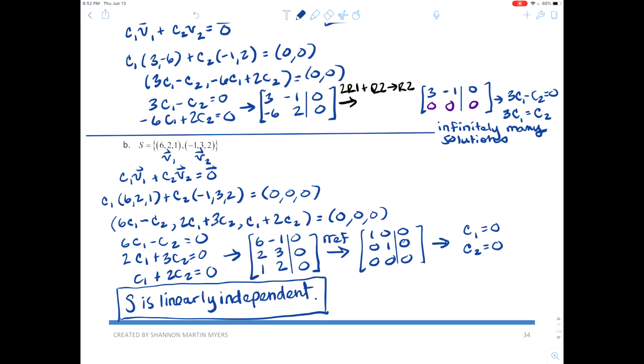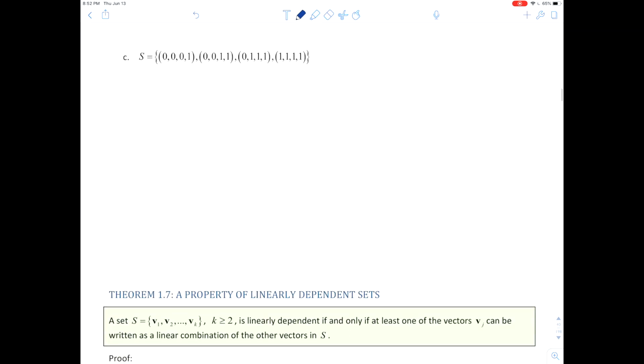Cool, cool. All right, part C. S equals 0, 0, 0, 1, 0, 0, 1, 1, 0, 1, 1, 1, and 1, 1, 1, 1. So if this is like our V1, V2, V3, and V4, let's see what we're going to have.